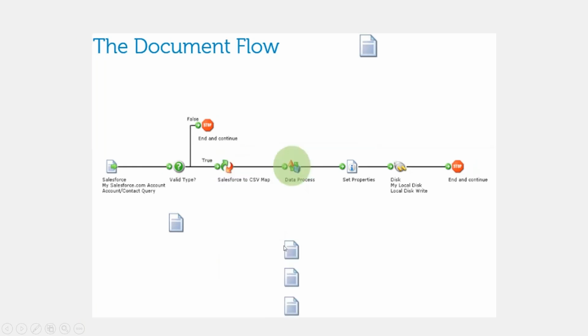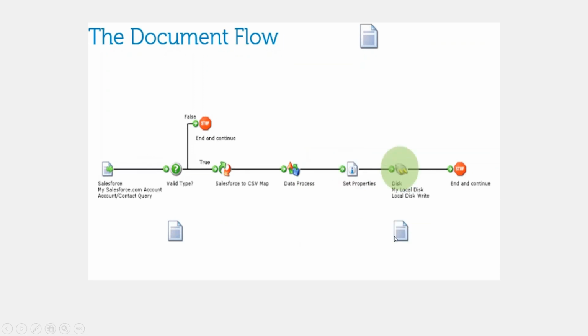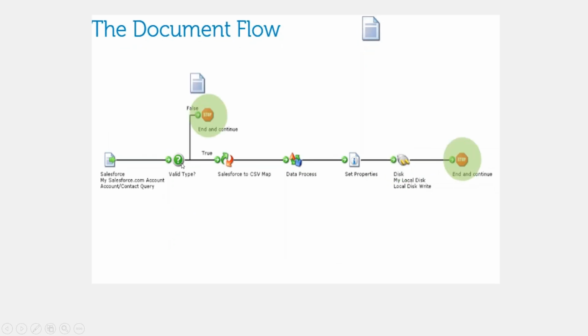In data process, I'm combining all these 3 documents into a single document. In set properties, I'm setting a name for this document and sending it to disk. The failed document will go to the false path. The true path will get executed first and then the false path will get executed, right?